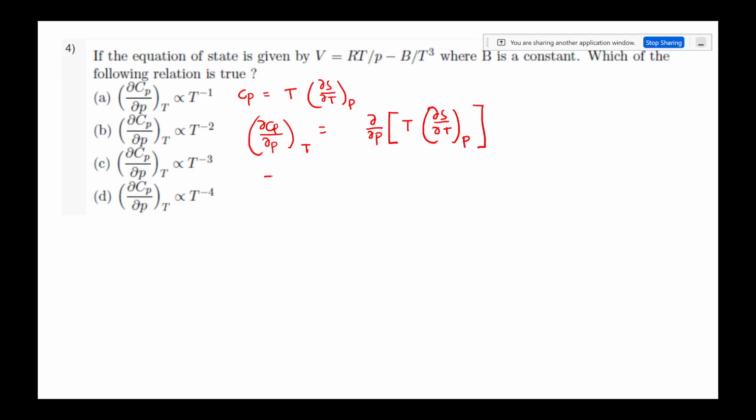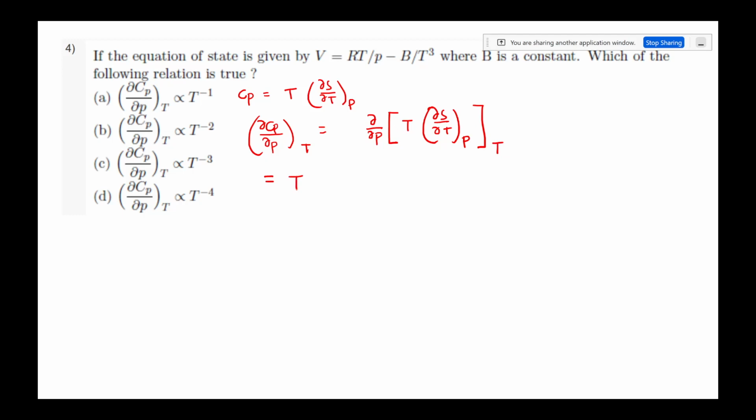Now, since T is fixed here, we can take T out of the term.